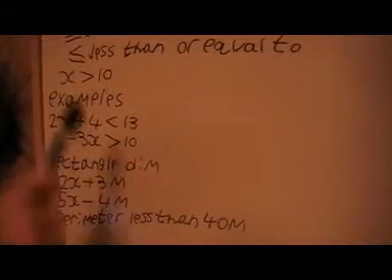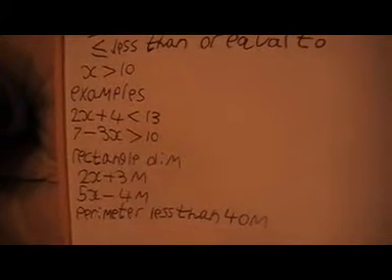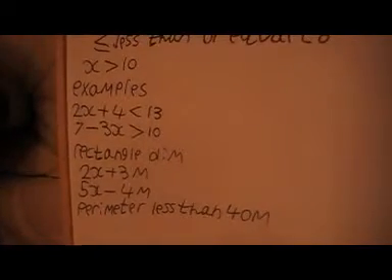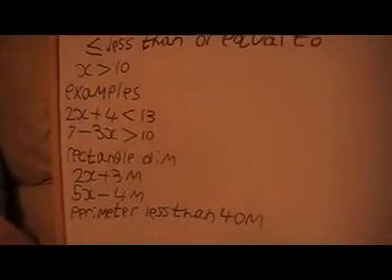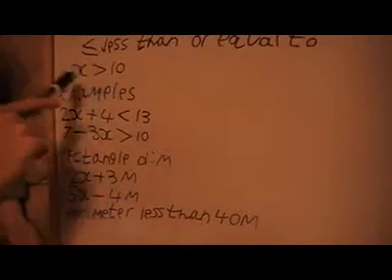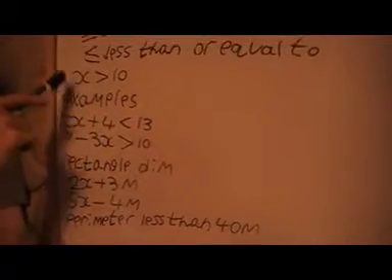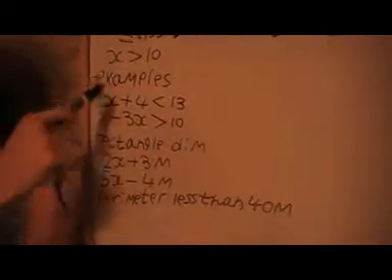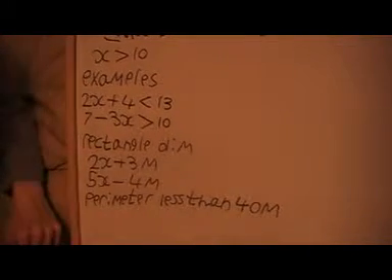But any number that's bigger than 10, say something like 15 or 28, would be a solution. So unlike just a linear equation, linear inequalities have a set of solutions rather than just one value of x that's allowed.